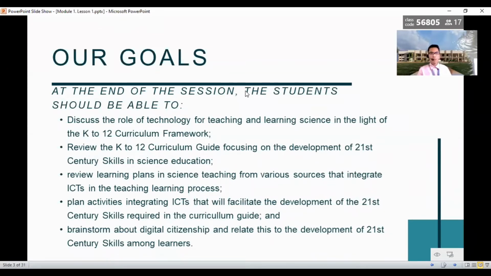That will facilitate the development of the 21st century skills required in the curriculum guide. So, hihimayin natin yung content ng science curriculum guide. And lastly, brainstorm about digital citizenship and relate this to the development of the 21st century skills among learners.